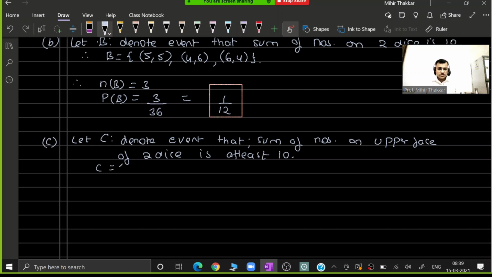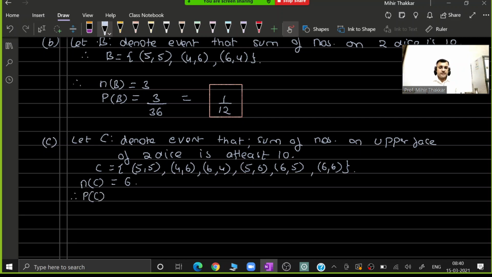So the outcomes that will come over here: all three outcomes that we have written, 5, 5, 4, 6 and 6, 4, because they give a sum of 10. For 11, the outcomes will be 5, 6 and 6, 5. Whereas for 12, there is only one possibility, 6, 6. So I can see that there are 6 outcomes, and therefore probability of C will be equal to 6 upon 36, which you can write as 1 over 6.